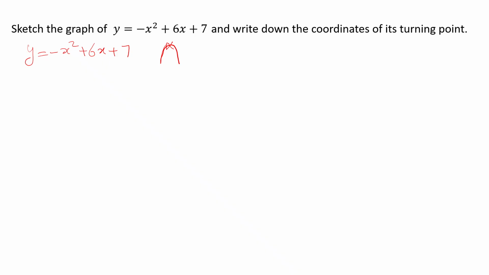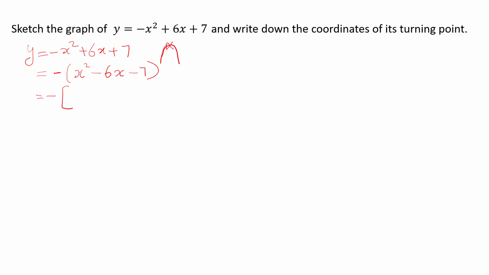To find the turning point, we need to complete the square. Before I do this, I'm going to take the negative sign out of the bracket. So negative bracket x squared minus 6x minus 7.